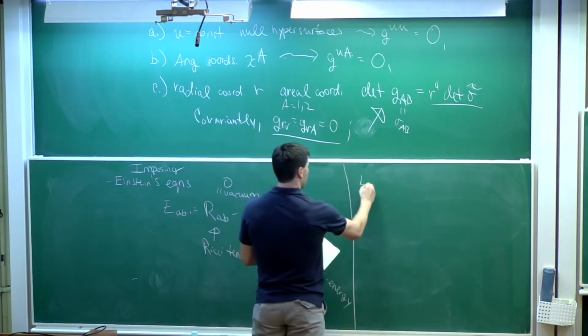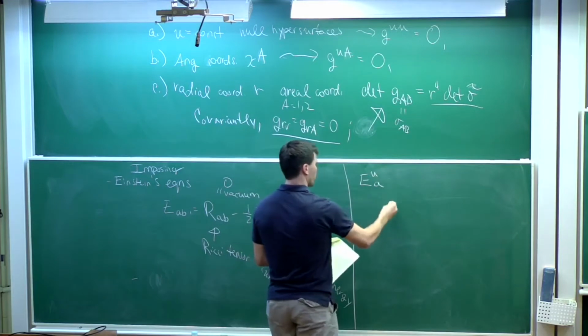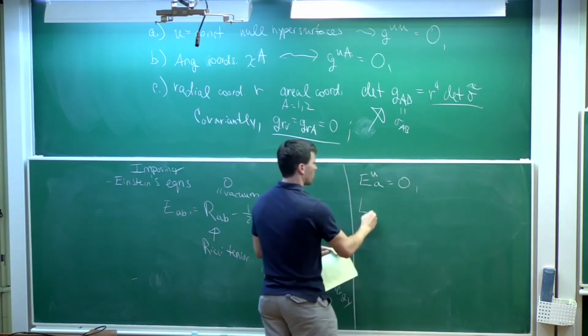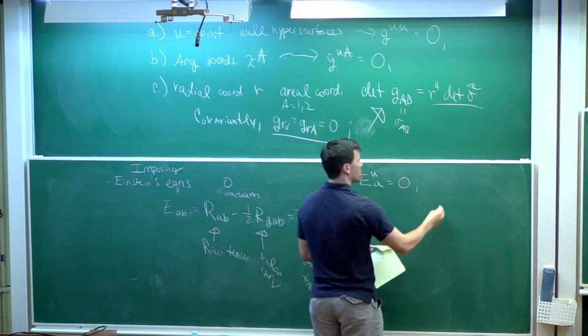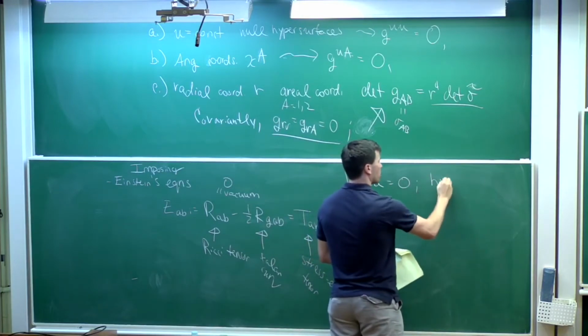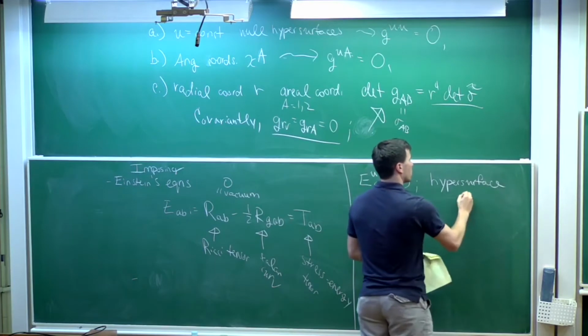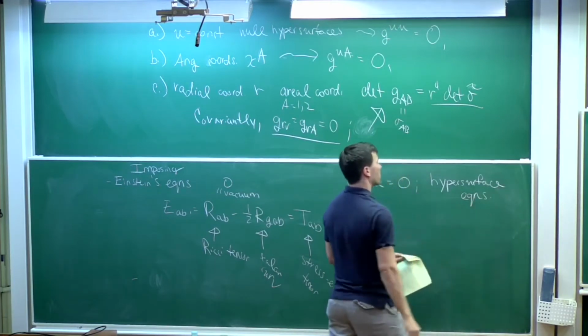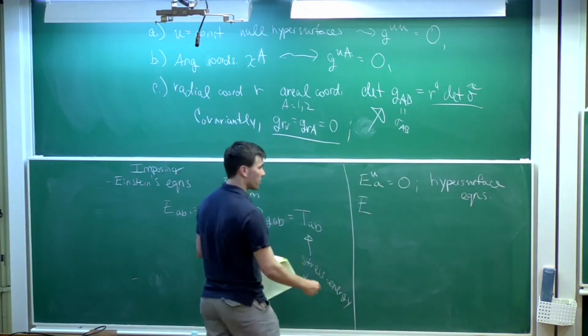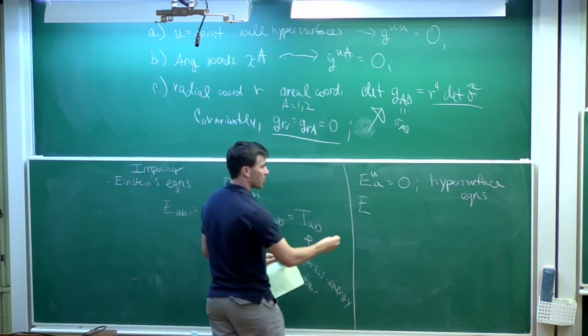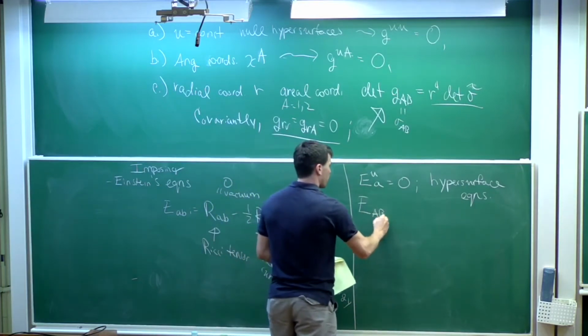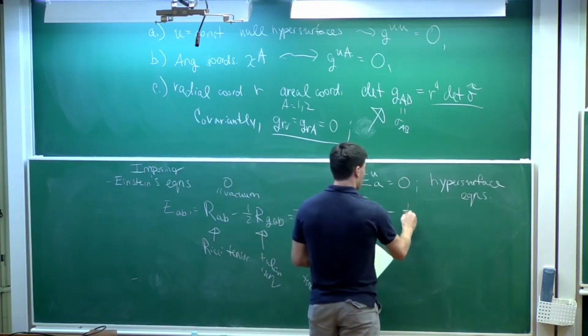It turns out that we need only focus on two sets of equations. So we have these hypersurface equations, E_{uA} equal to 0, where A is any space-time index. And then we have these dynamical equations, just like so.